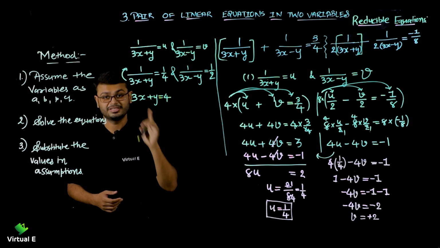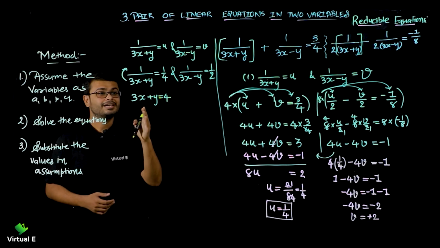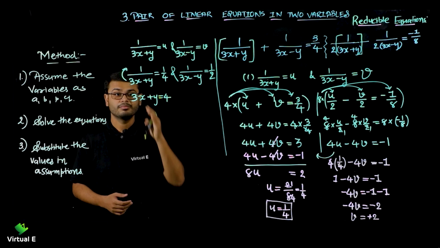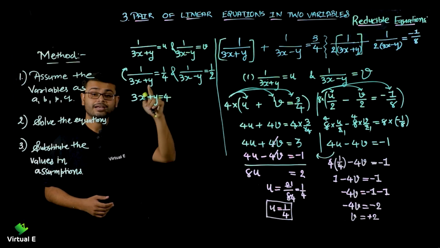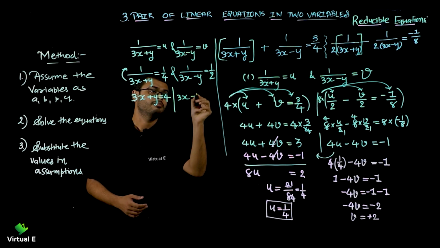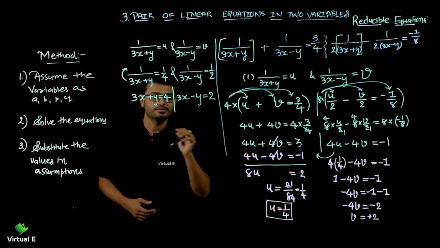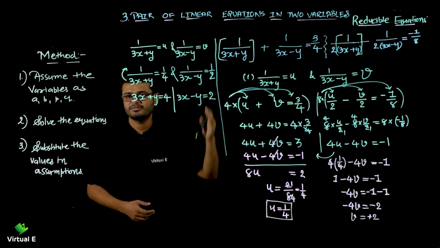This is an equation, not a solution. In the previous case, we were getting the direct answer after we took the reciprocal, but here we still get equations, so we need to solve them. Here we will get another equation: 3x minus y is equal to 2. So 3x plus y is equal to 4 and 3x minus y is equal to 2.